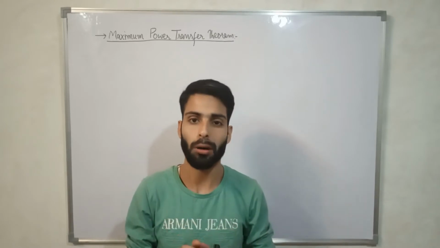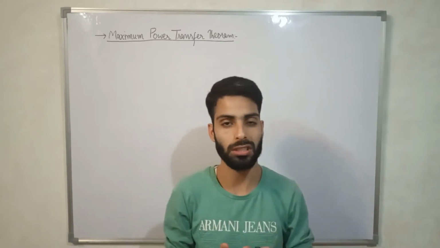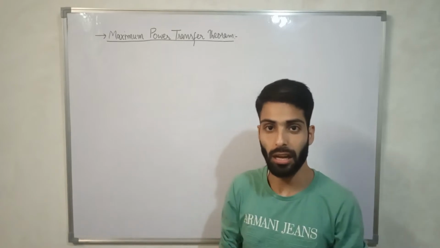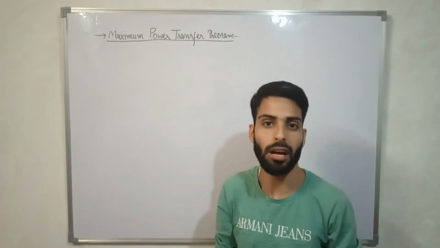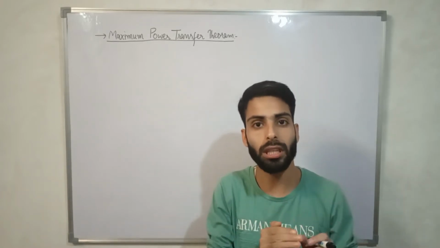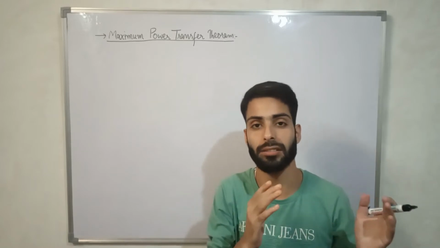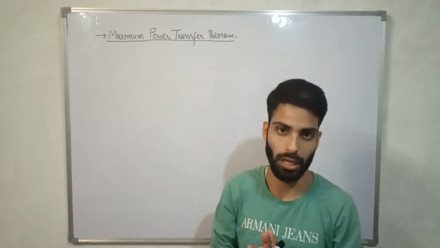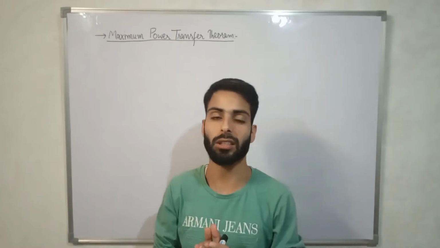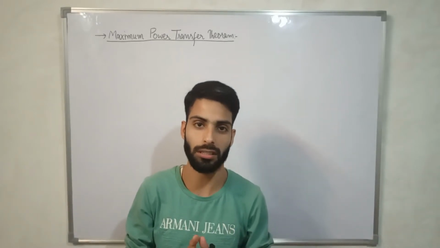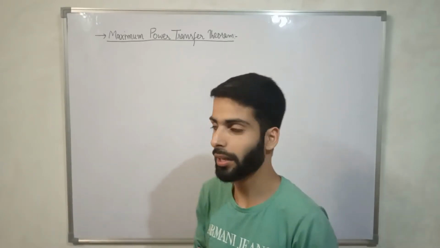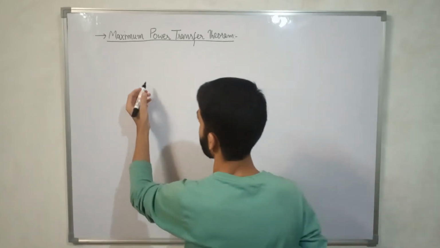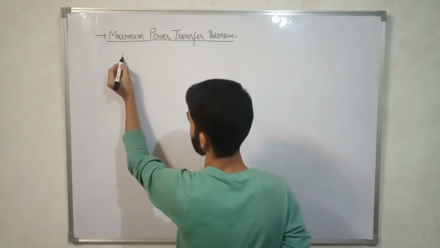The maximum power that a source gives to the load is when the internal resistance of the source is equal to the load resistance, or the resistance of the load itself. So let us see it in the context of Thevenin's theorem and Norton's theorem that we did yesterday. Okay, let us make Thevenin's equivalent circuit, which is like this.